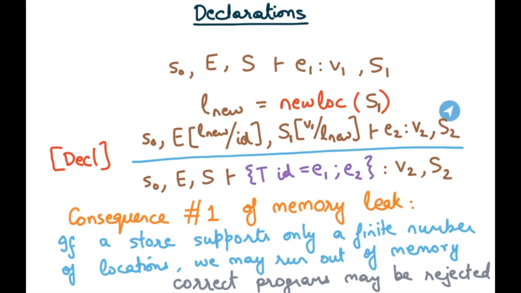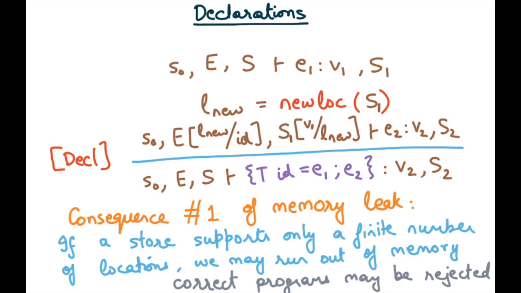Recall that if a program gets stuck, we say that the program is incorrect or does not have a well-defined behavior. And so because of this memory leak, even correct programs that didn't have a memory leak, if that's what the programmer intended for the semantics of a scope, even correct programs will get rejected because of this buggy rule that we have.